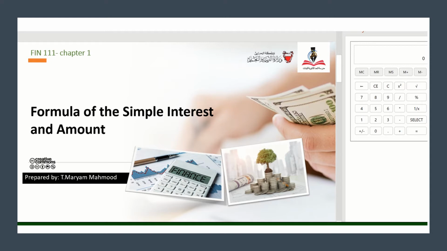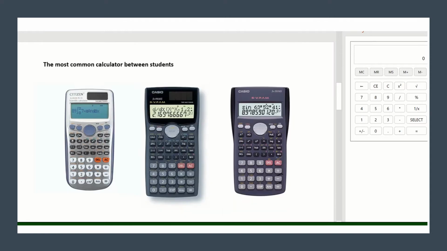First of all, take a look at these three common models of the calculator between students. You may have another model of these, but mostly these are the three common models between students. As you can see, there are no differences in the operations and the buttons in each model. It is just the layout that is different.